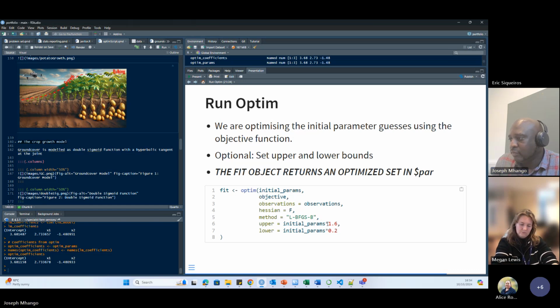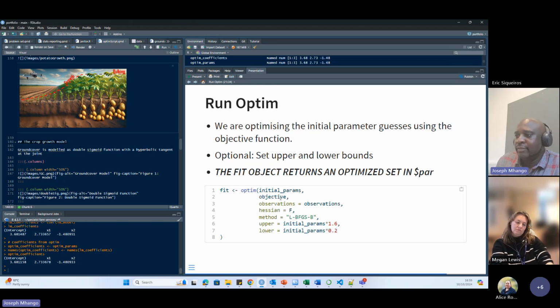The good thing about Optim is I can also tell it, whatever you're fitting, don't let it be above 1.6 of the initial parameters I gave you. So don't go wild on this. Don't go looking for a big range of values. And I can also give it a lower minimum. Also, don't go below this, and it will fit that.